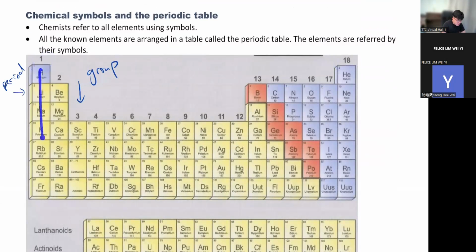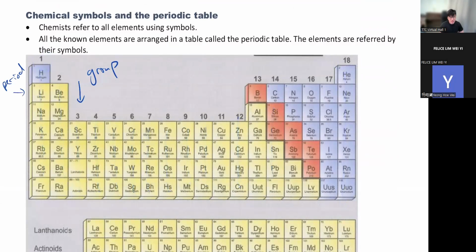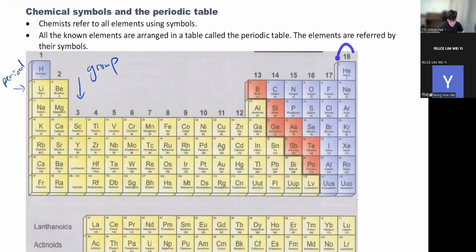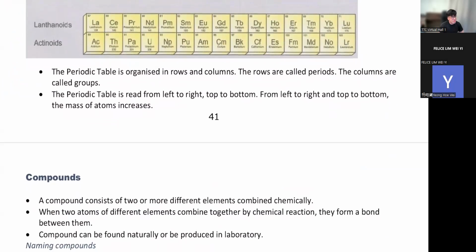So this is group 1, group 2, group 3, group 4, all the way to group 18. So you have 18 groups, and period is your row. You don't need to know how many periods we have because period is not as important. So the rows are called periods, columns are called groups. And it is read from left to right, top to bottom.